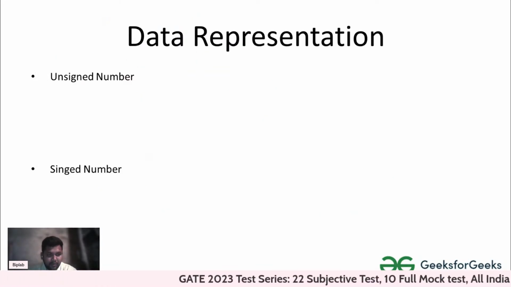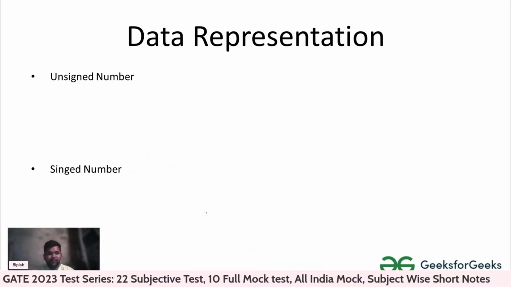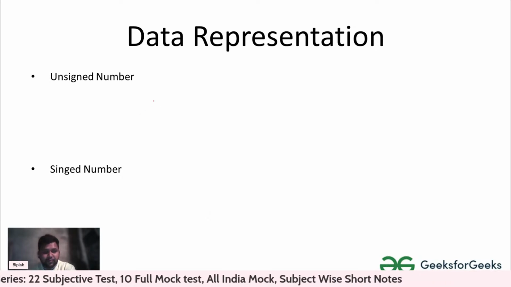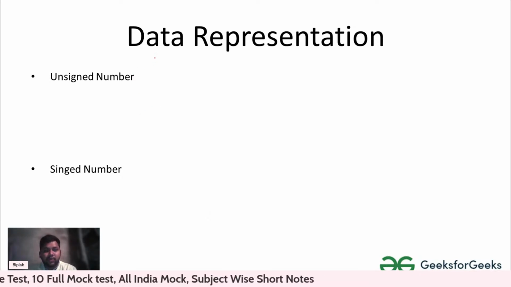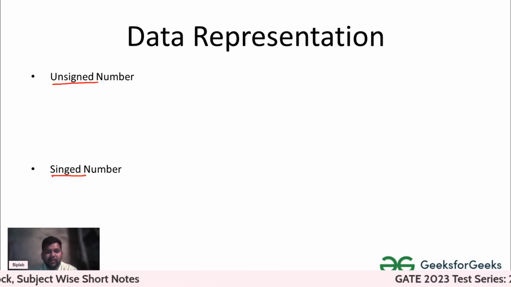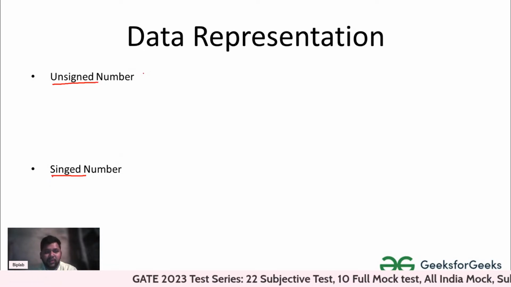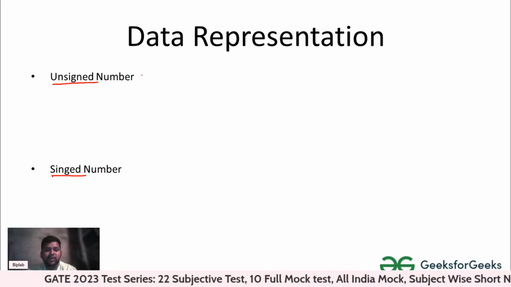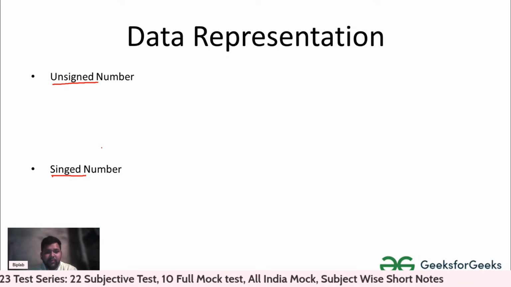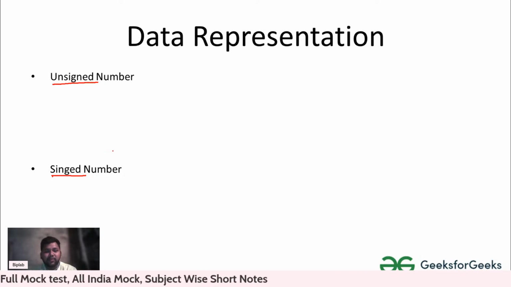Okay, fine. So we are starting with data representation here. The data that we store in our memory can be an unsigned number or a signed number. Unsigned number means there is no sign before the number, no positive or negative; we just consider it as a number. A signed number means there can be a sign, a positive or a negative number.